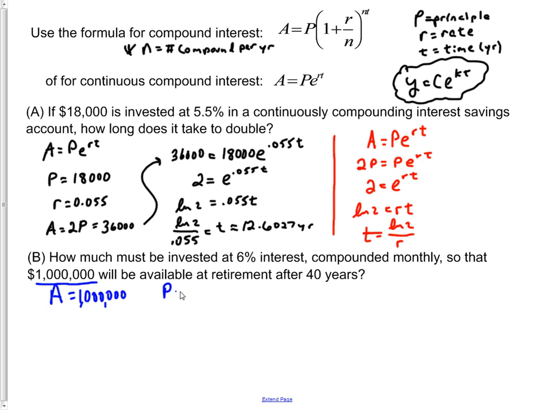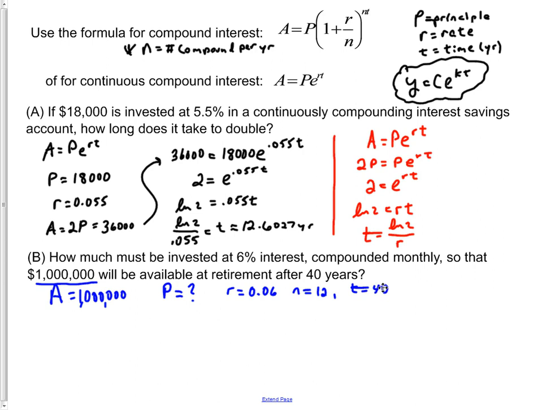So we don't know what our principal is, right? We're going to have to work that out. Well, what else do we know about this model? Well, in this model, we know that our rate is going to be 6%, so that's 0.06. And if it's compounded monthly, that means n is equal to 12. And t, given in years, is going to be 40.